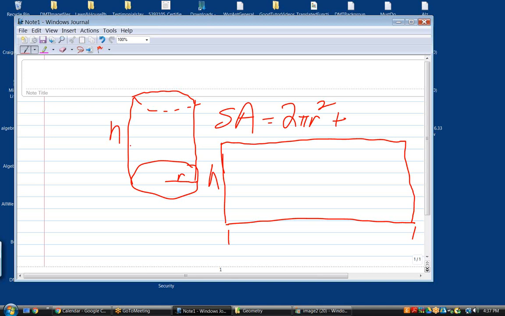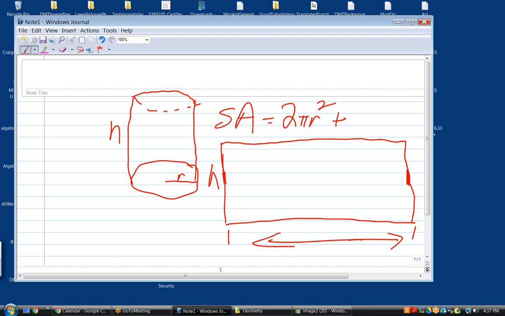In other words, if I had a label that perfectly fit, if I put it on the soup can, this edge matches up perfectly with that edge. What does that make this distance here? That's the circumference of the circle.